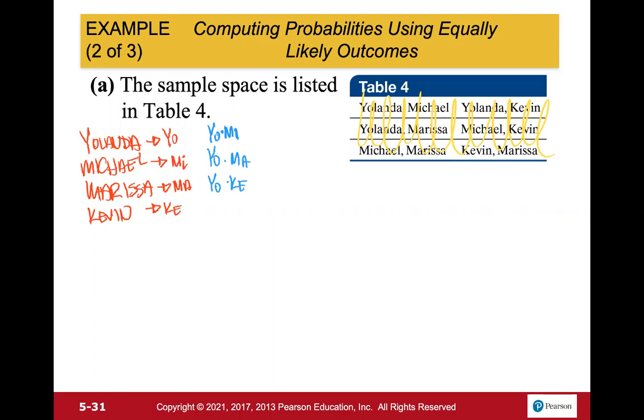Now let's move on to Michael. So the next possibility is going to be Michael and Yolanda. We could match Michael up with Yolanda, but we already have that right here. So Yolanda and Michael is going to be the same as Michael and Yolanda. So Michael and Marissa. And Michael and Kevin. And lastly, we're going to look at the possibilities with Marissa. So Marissa and Yolanda, we have that one. Marissa and Michael, we have that one. We just need Marissa and Kevin.